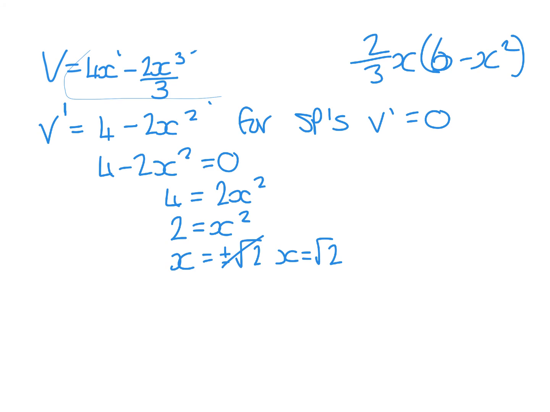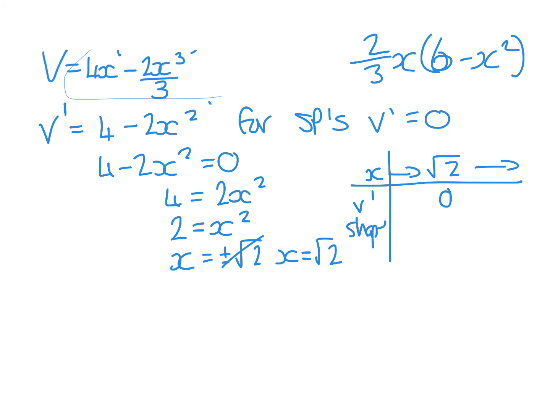Now, what I'm going to do is my nature table. So I'm going to do x, anything up to root 2 and anything after root 2, V dashed and my shape. So let's have a look. If I pick a number less than root 2, well root 2 is like 1 point something, so I'm going to choose 1. If I plug in the number 1 to my V dashed equation, then I have 4 take away 2 times 1, so that's positive.